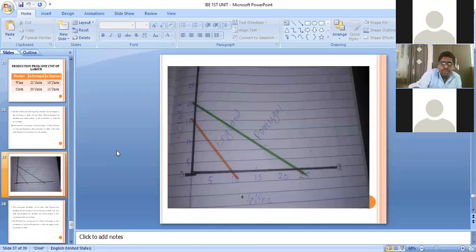When you see Portugal, the first one of England was in the orange line, and Portugal has a dark blue line. See, in wine one labor is producing 25, in cloth 20.